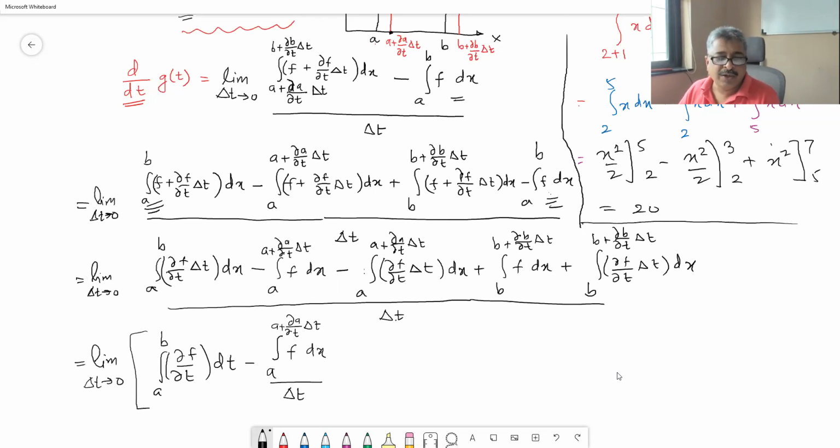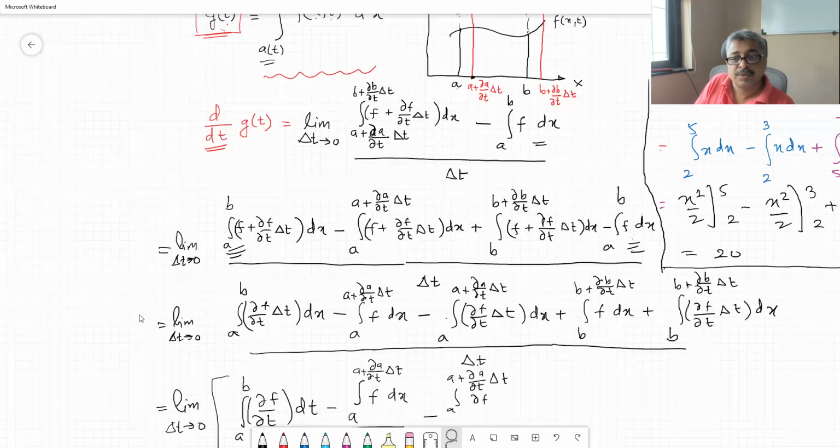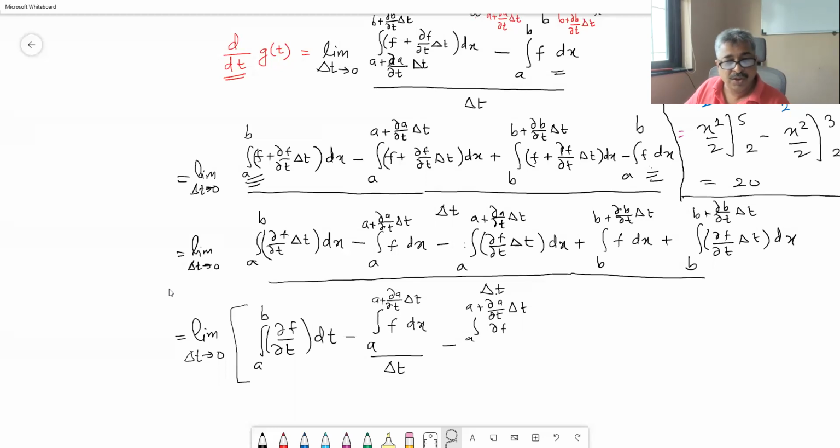And now here what we are doing is changing from, we are, delta t gone, and it practically as delta t tends to 0. Okay, let us write down that also. Minus integral a to a plus del a by del t delta t into del f. Unnecessarily I am writing this. So what I should do is I should orally finish a few terms and write only the remaining ones.